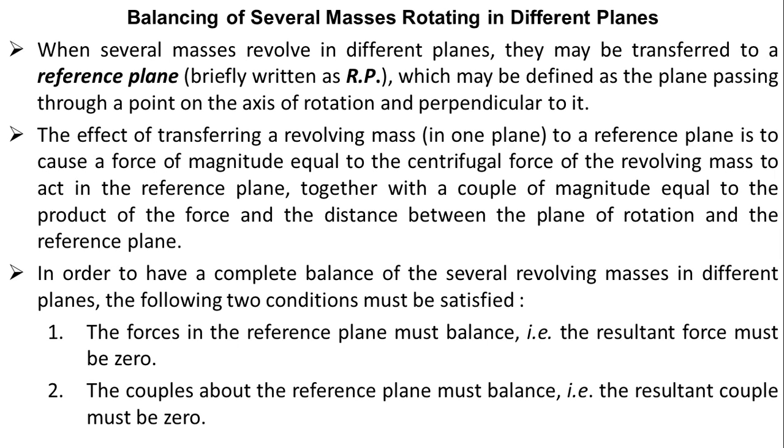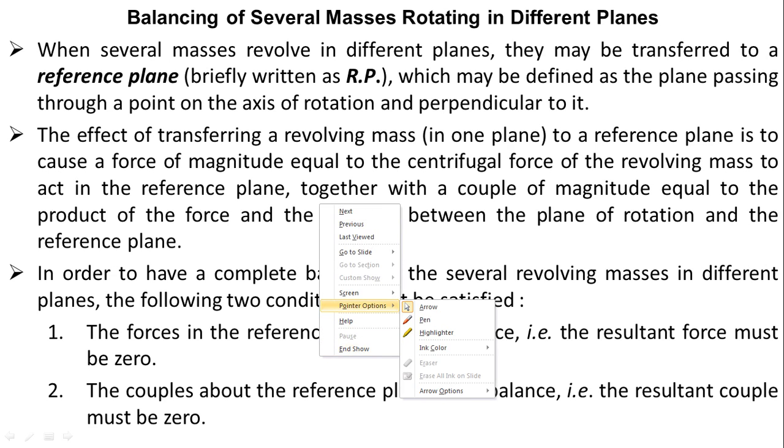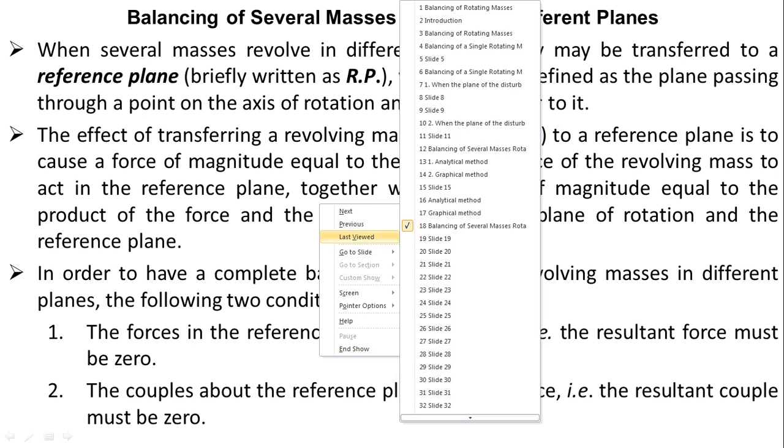So to balance this entire set of several masses in different planes, you have to consider two conditions. One is the forces of the reference plane, which should be equal to 0, and the next one is the couple.